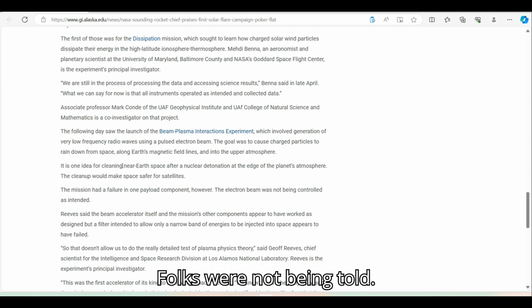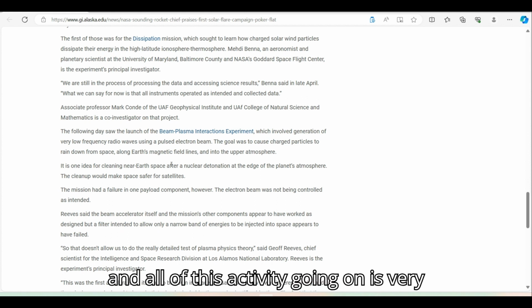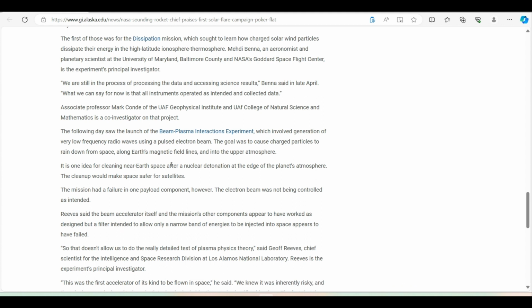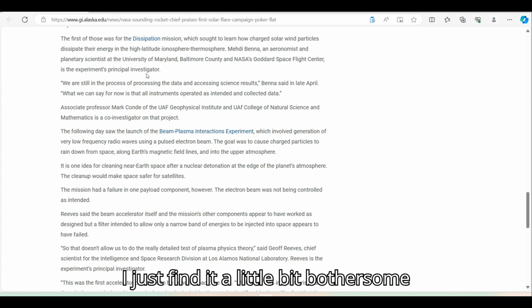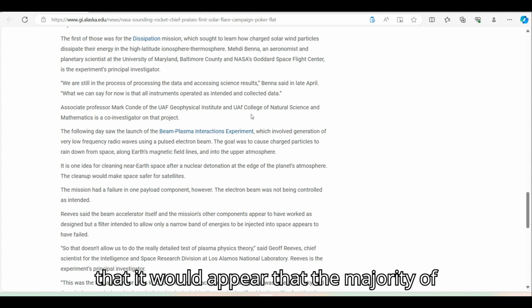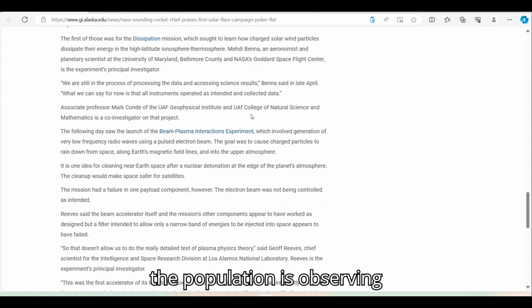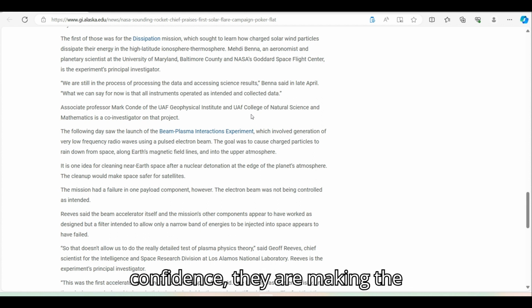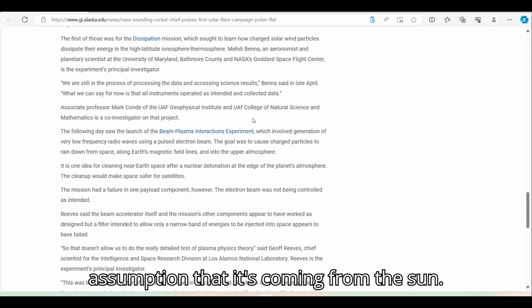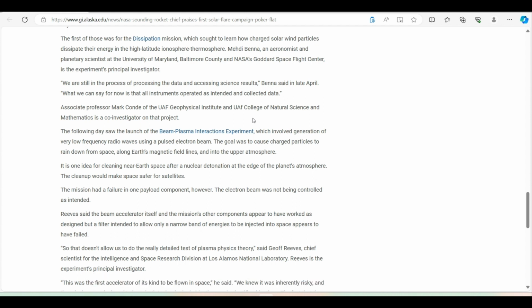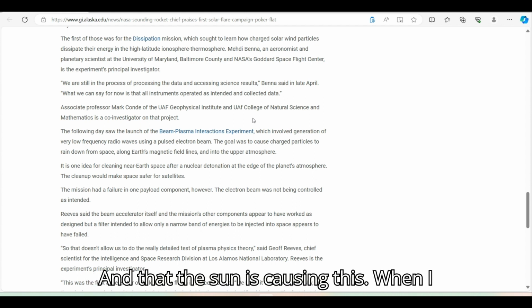Folks, we're not being told exactly what's going on out there, okay? And while I think that these solar flares and all of this activity going on is very grand information, I just find it a little bit bothersome that the majority of the population is observing this and making the assumption, and I'm saying that with confidence, that it's coming from the sun and that the sun is causing this.